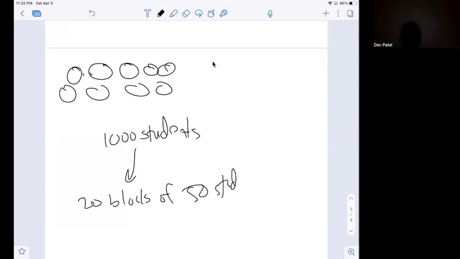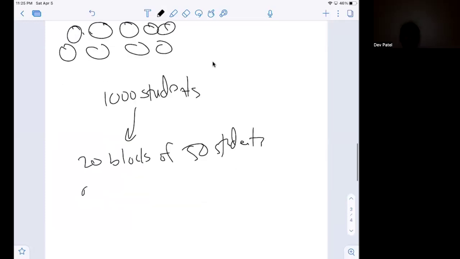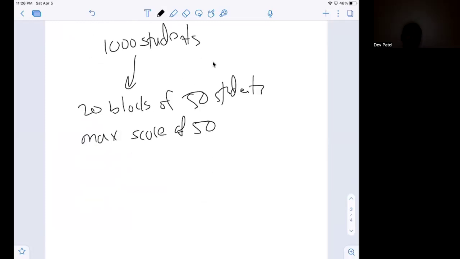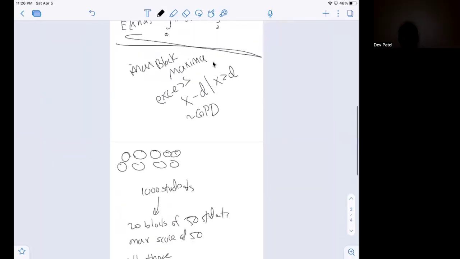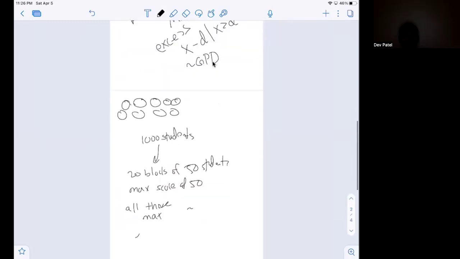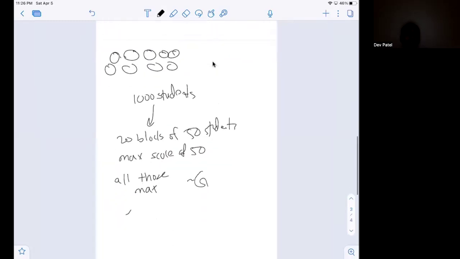And within each block, we select the max score of the student, assuming that's what we're trying to measure. And then when we see the distribution of all those block maxima, that is what we refer to as the block maxima distribution, or the generalized extreme value distribution.